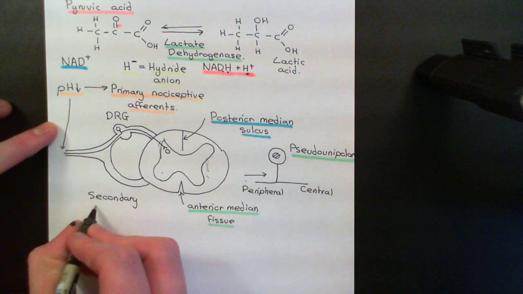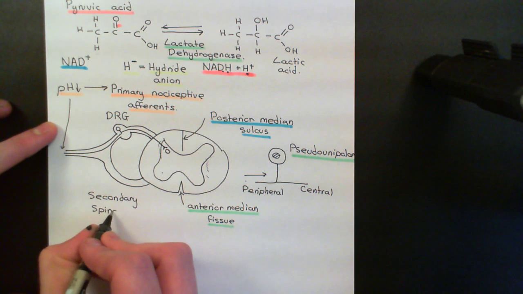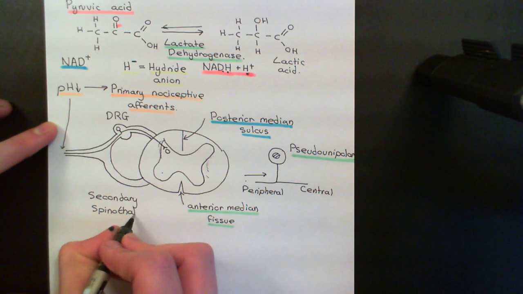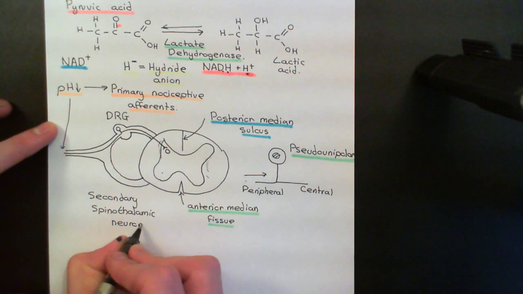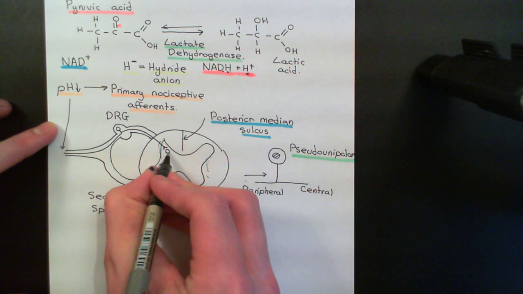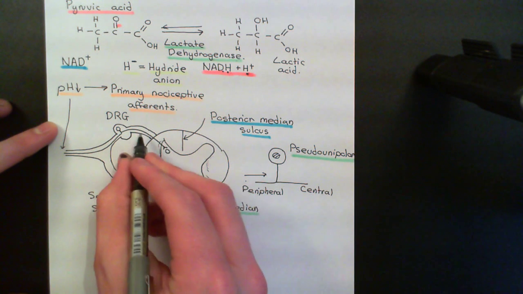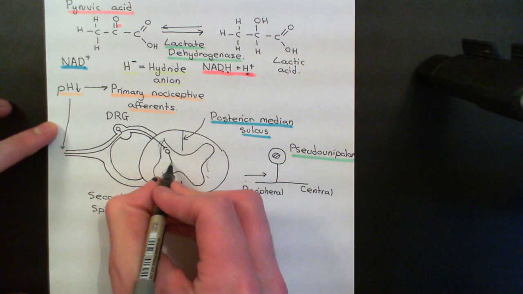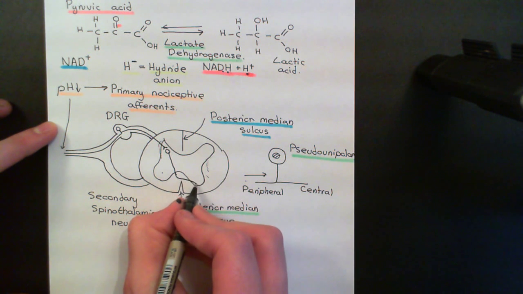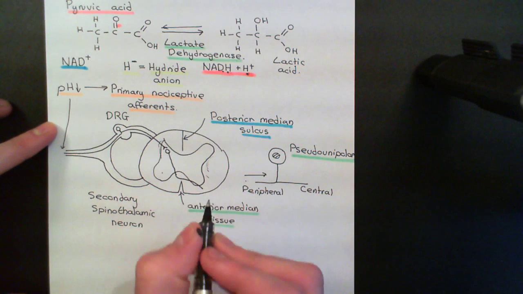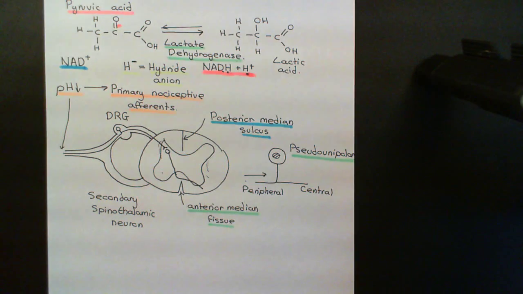So a secondary spinothalamic neuron, because it's going to go from the spine up to the thalamus in the brain. And this secondary spinothalamic neuron is then going to fire an action potential if it receives enough stimulation, and it will fire this action potential along its axon like so, which will cross over onto the contralateral side and will ascend up in the anterolateral column on the contralateral side, and will go up to the thalamus on the contralateral side, and then will be delivered to the rest of the brain.